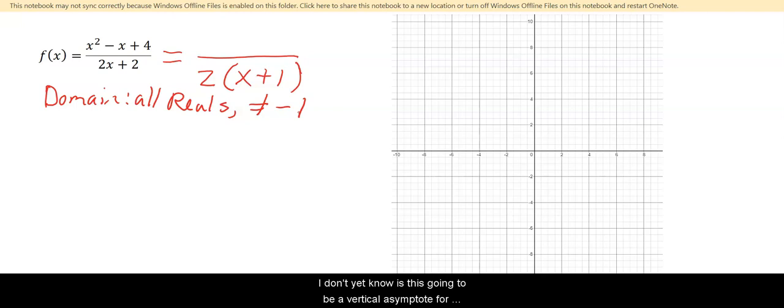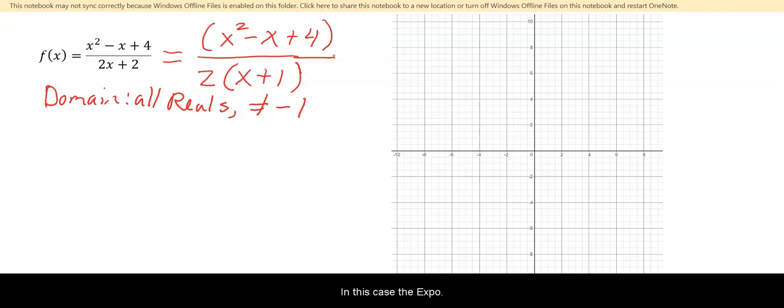I don't yet know if this is going to be a vertical asymptote or a hole until I factor the numerator. I'm not sure that x squared minus x plus 4 factors. We can try it, but I think you will find that it in fact does not factor and is prime, meaning it has no factorable form.